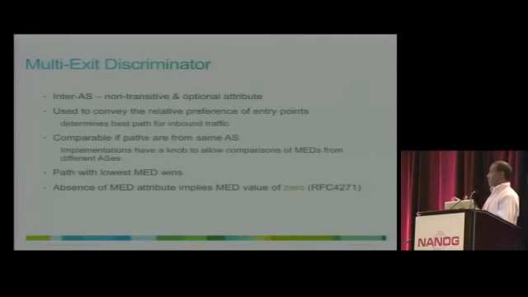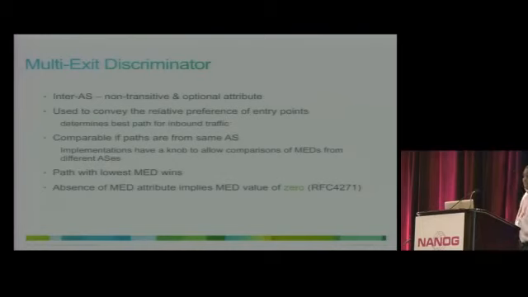So if a MED value is received from one service provider, that value will not be automatically propagated to another service provider. You have to set a different MED value for the other service provider, because it's only used to influence how traffic is received into a particular AS. And again, the lowest MED is preferred over a higher MED.